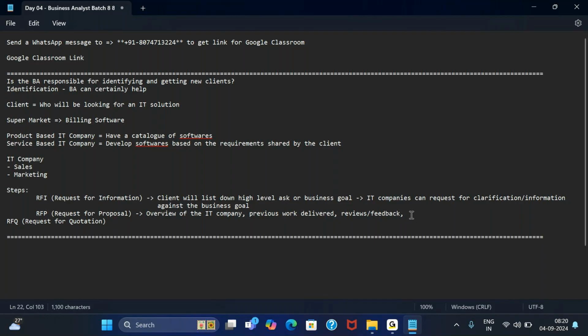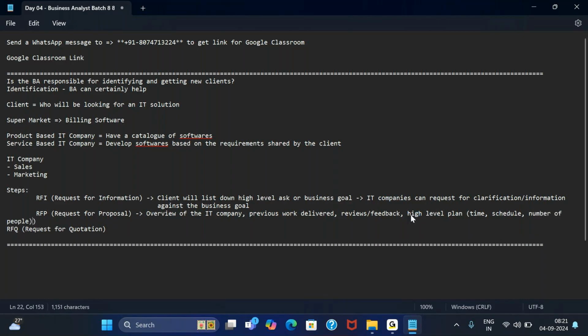Then they create a high level plan, which will basically say the time that we are going to take, the schedule that we are going to adhere to, and approximately the number of people that we will be employing.